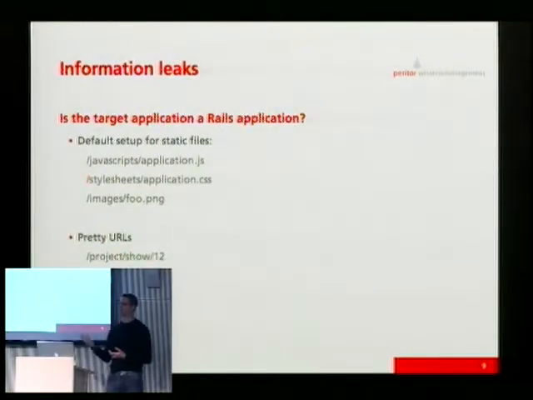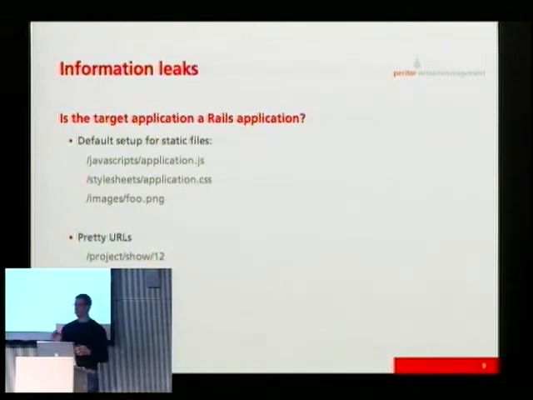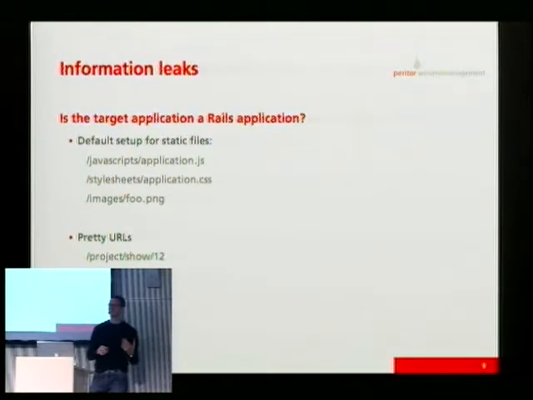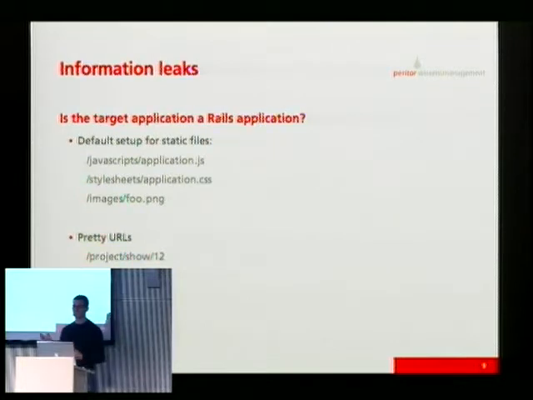So let's begin with looking at typical information leaks and vulnerabilities that you can find in such setups. At first, if you target an application, you want to know, is it a Rails application or is it a PHP application or whatever? The first hint are the URLs. Rails by default gives you, for all your static files, /javascripts/application.js, /javascripts/prototype.js, or /images, and then all your images.